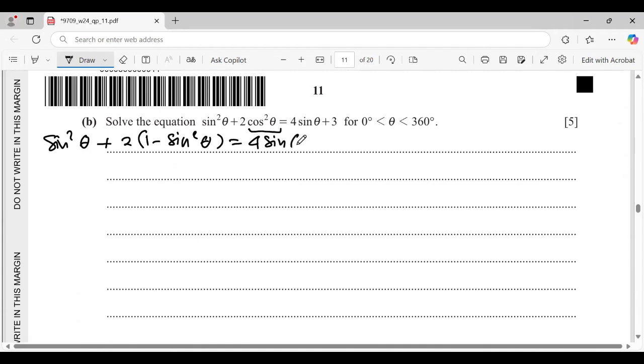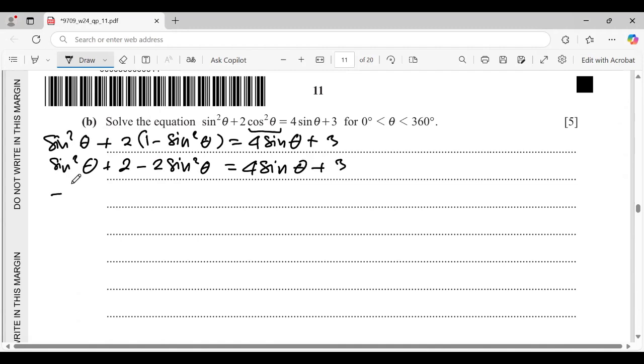So it becomes sine squared theta plus 2 minus 2 sine squared theta equals 4 sine theta plus 3.